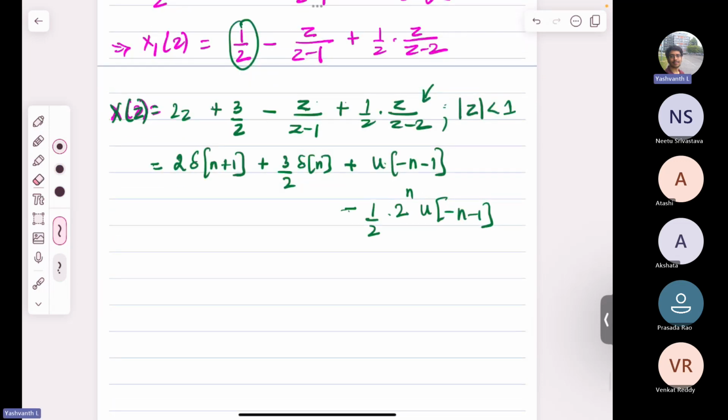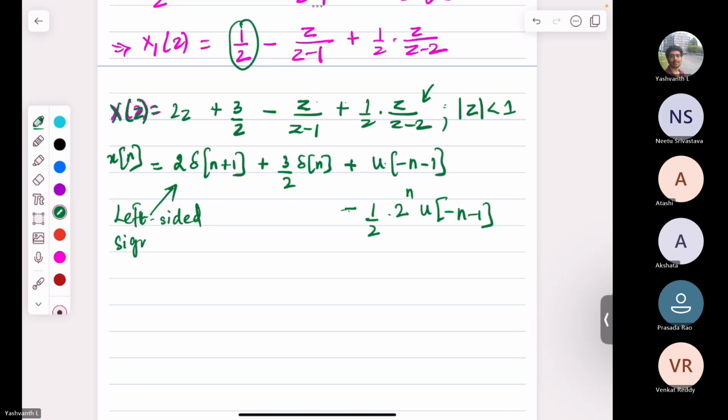So, combining all the equations, this was your x of n. This is a left-sided signal, because the ROC is the interior part of a circle.